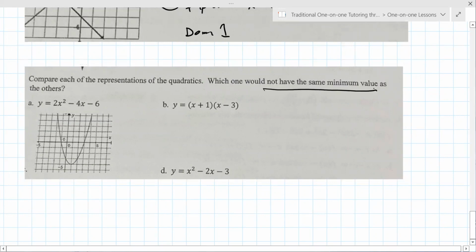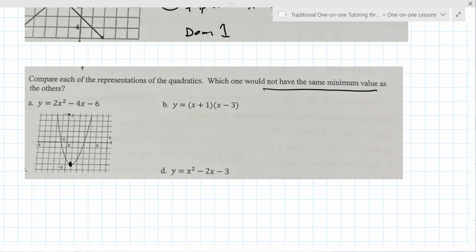That means 3 of the 4 do have the same minimum value. You could, for example, graph all of these and see which ones are the same and which one's different. But they're basically asking about the vertex down here. There's a lot of work in this one. Not even sure how to suggest to proceed, but we can just skip that one.